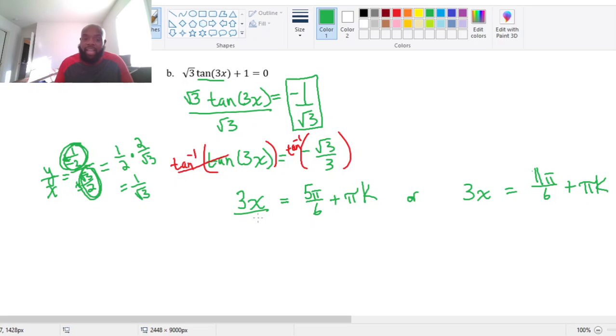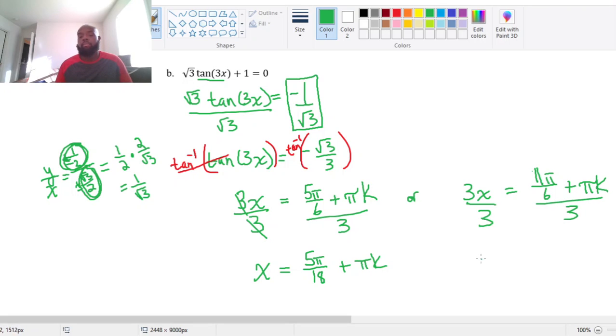If I want to know what x is, which is what we want to solve for, we're going to divide both sides by 3. 3 divided by 3 is 1, so we just get x. Notice, if I divide by 3, I multiply by 1/3. So that'll give me 5 pi over 18. And in here, when I divide both sides by 3, I made an error.